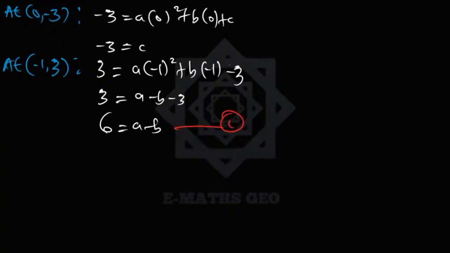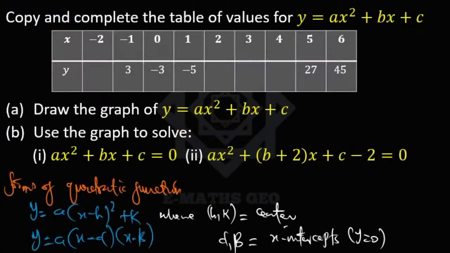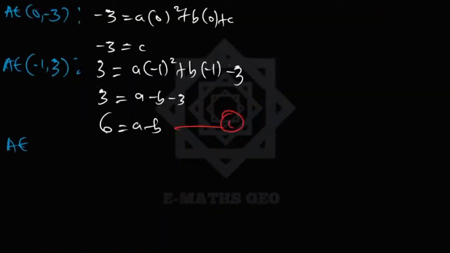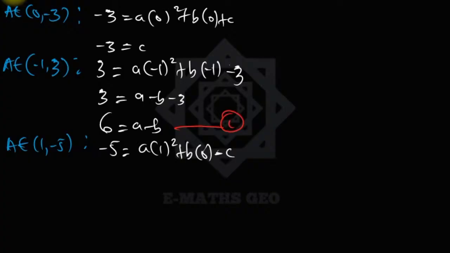The other one is at x equals 1, y equals minus 5. So I will still replace c with minus 3.